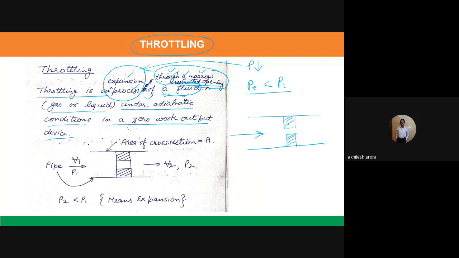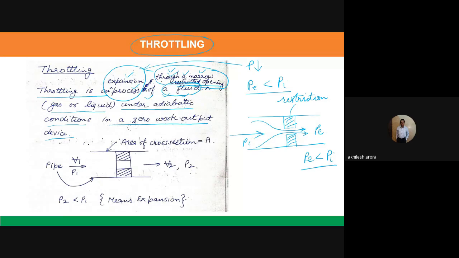Initially the fluid is flowing like this, and then it has to follow this very small narrow path, so it's a sort of restriction here. Whenever there is a restriction, the pressure will be reduced. So if the pressure here is pi, then the pressure here will be pe. Basically pe is less than pi. That is the condition.